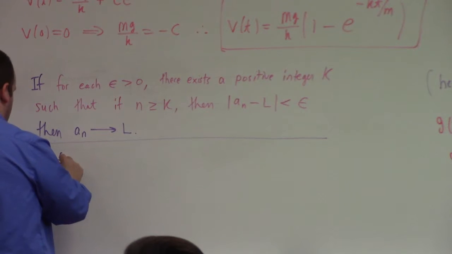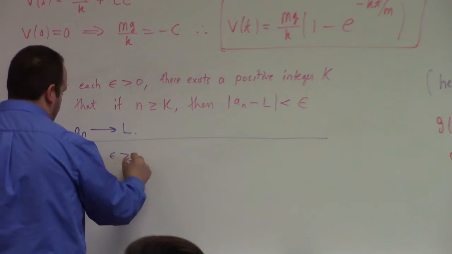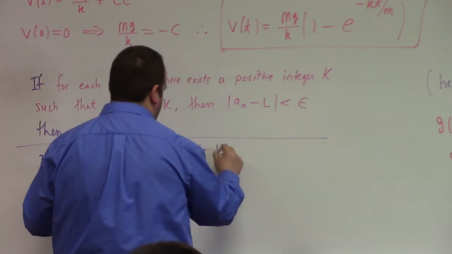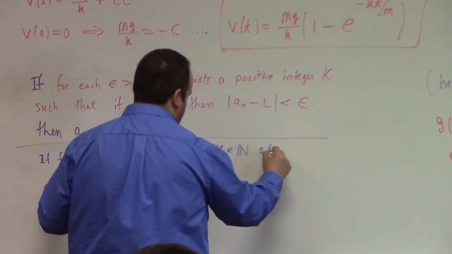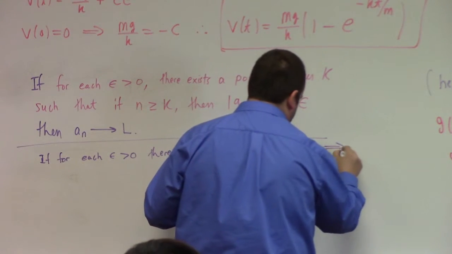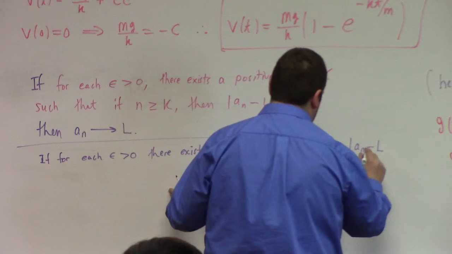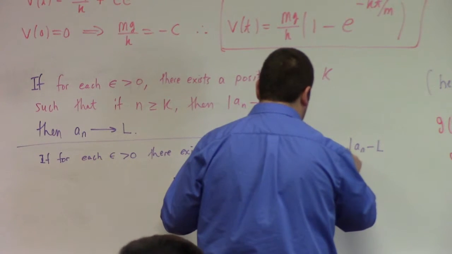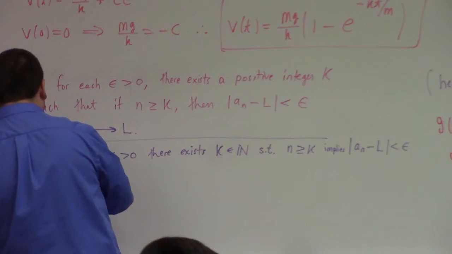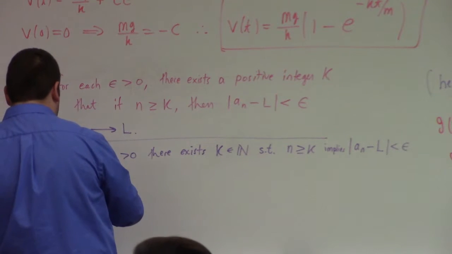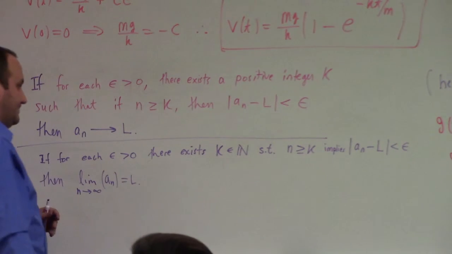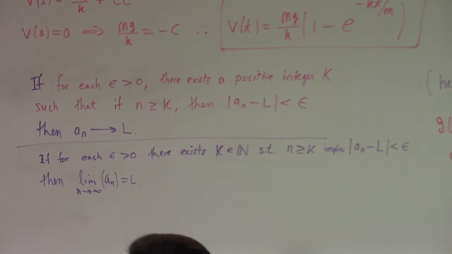If for each epsilon greater than 0, there exists k in the natural numbers such that n greater than or equal to k implies the absolute value of x sub n minus L, let me write out the word implies, this is the same thing, is less than epsilon, then the limit as n goes to infinity of x sub n is equal to L. This is grammatically equivalent to what I've written in the pink.